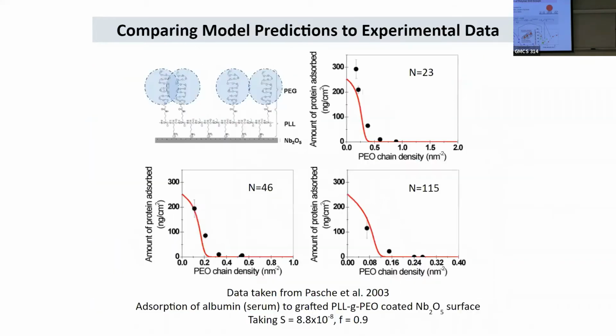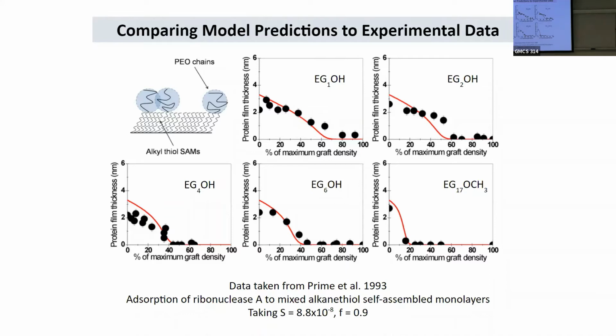Parag, can you go back to the slide? You have 5 different cases. What do they represent? Oh, so the different cases are, so this is EG1OH, basically, so you just have one ethylene glycol group. Here you have 2, it's basically the chain length, how many monomers are there in the polymer.